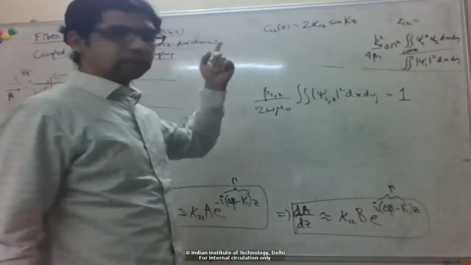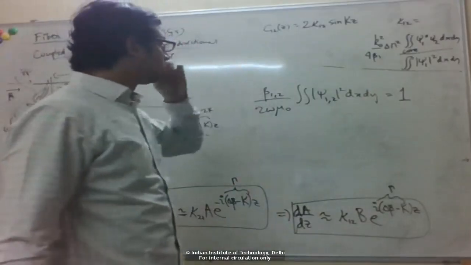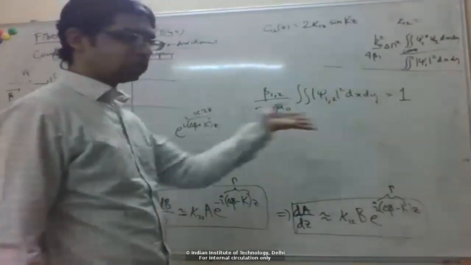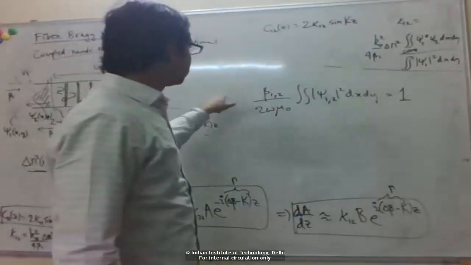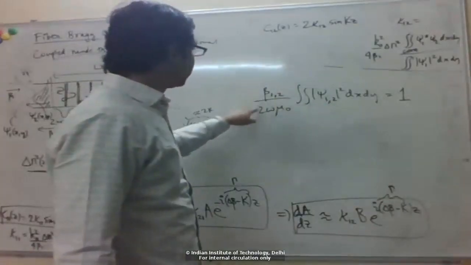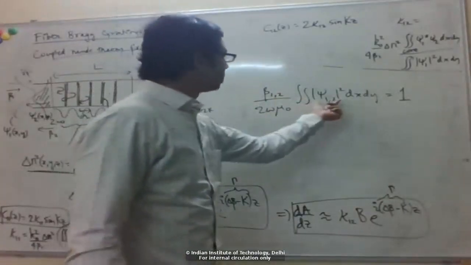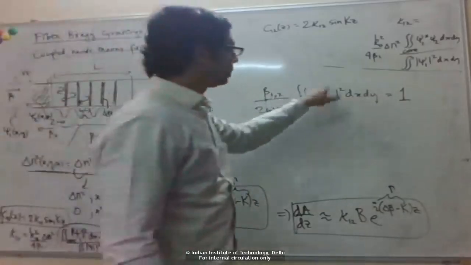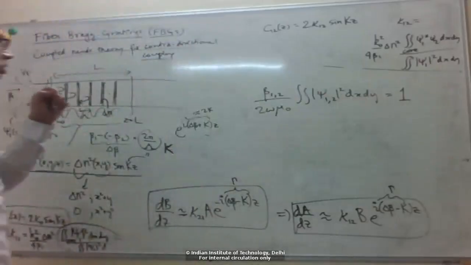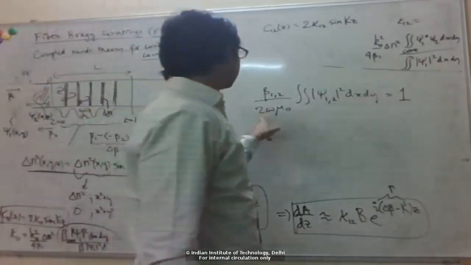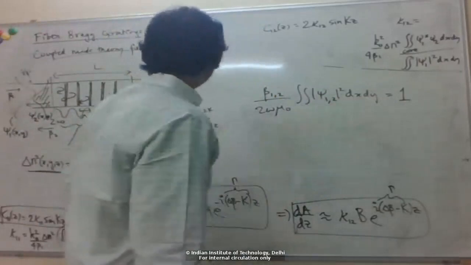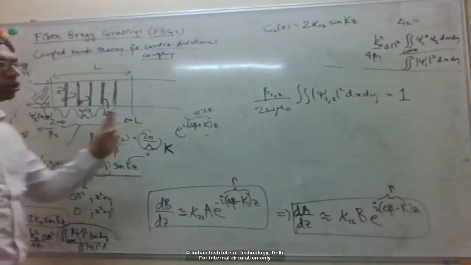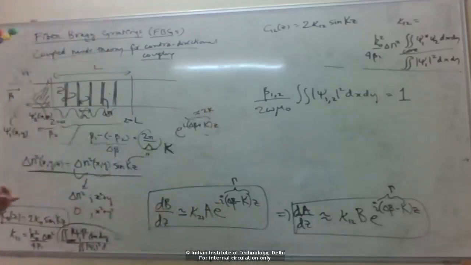When we were discussing the modes and calculating the power flow, we calculated the Poynting vector, E cross H, and got the expression for the power flow, something like this: beta over 2 omega mu naught times the integral of the modes. So this is the electric field profile. If we normalize psi such that this quantity is 1, that means we are saying that these bare modes are carrying unit power, right?